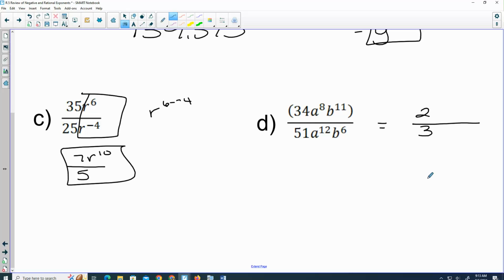Will this end up on the top or the bottom? Do we have more a's on the top or the bottom? The bottom here. So we'll go down to the bottom. And then you subtract, so 12 minus 8 is 4. Will my b's end up on top or bottom? Top. And subtract: 11 minus 6 is 5.